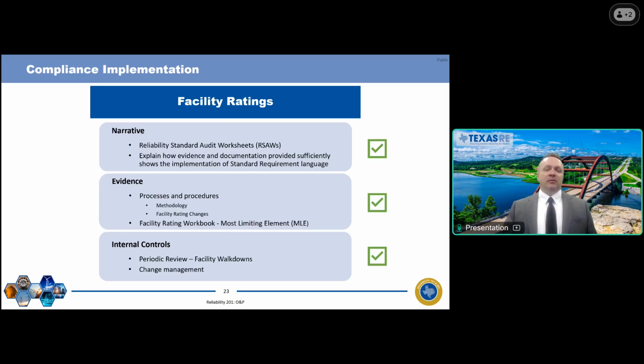So that's the importance of having these correct facility ratings and ensuring that your most limiting element is correct. And I will say also, identifying your second most limiting element is a best practice here.